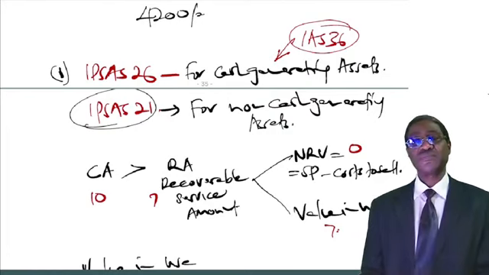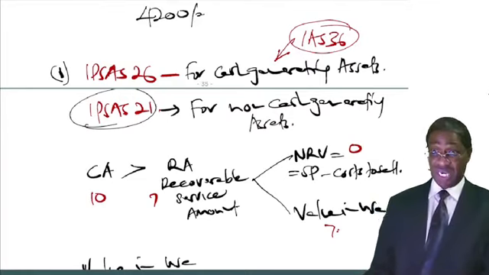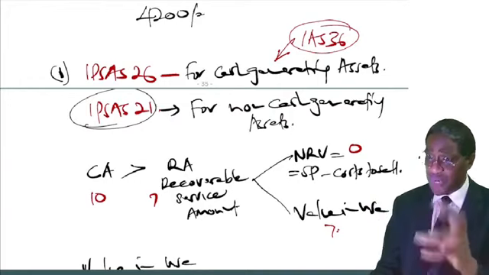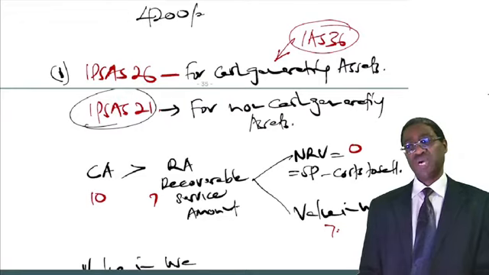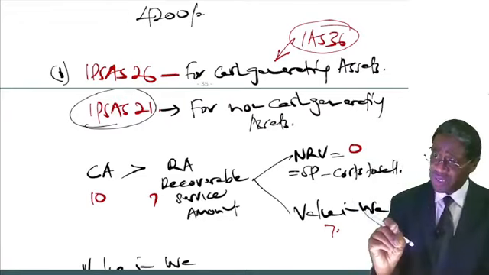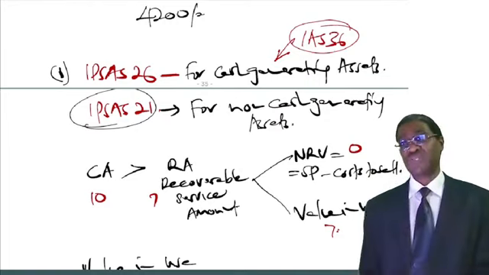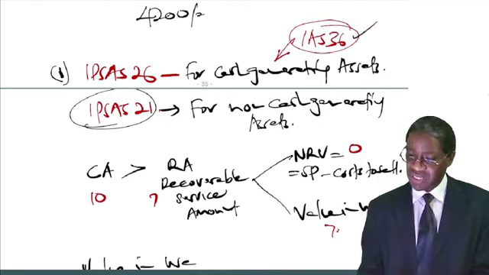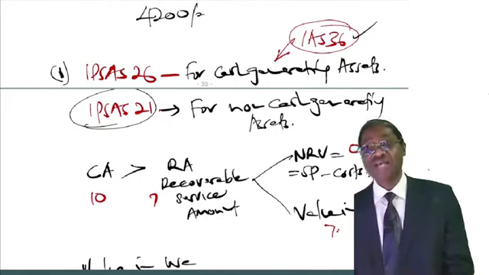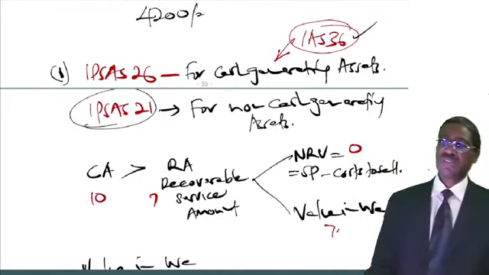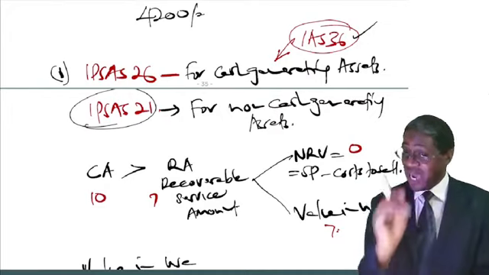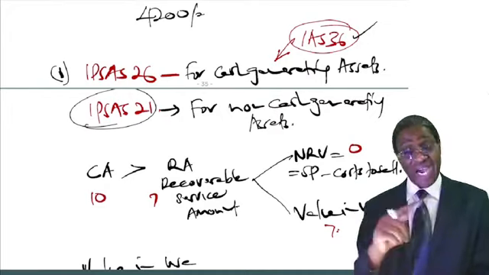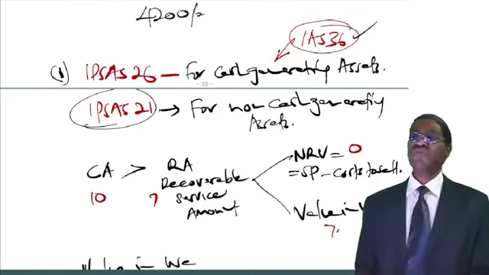Then below that you can say, for such assets, we apply the same principles as described in IAS number 36, in bracket, impairment of assets. That was the accounting standard name.